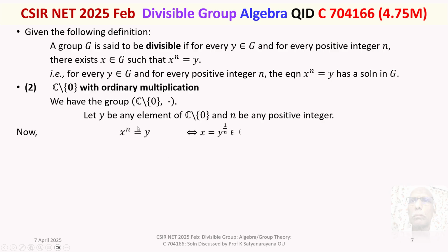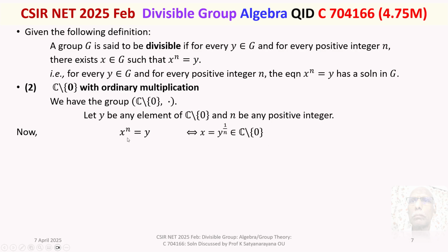Now, x power n is equal to y will imply x is equal to the nth root of y. y is a non-zero complex number. The nth root of a complex number exists and is again a non-zero complex number. It belongs to C minus singleton 0.